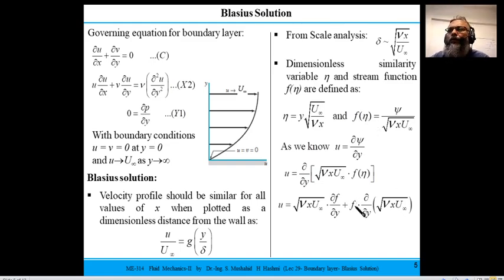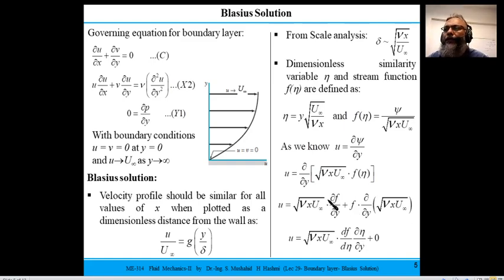So, u times the derivative of v plus v times the derivative of u, and the whole thing, as I know, no longer changes with y. So it is a function of x here. U infinity is a constant, nu is a constant, so the derivative of that term would be 0 here. So u would be equal to this term times the partial derivative of that function with respect to y, and the whole term, whatever the function is, multiplied by 0 is going to give 0.